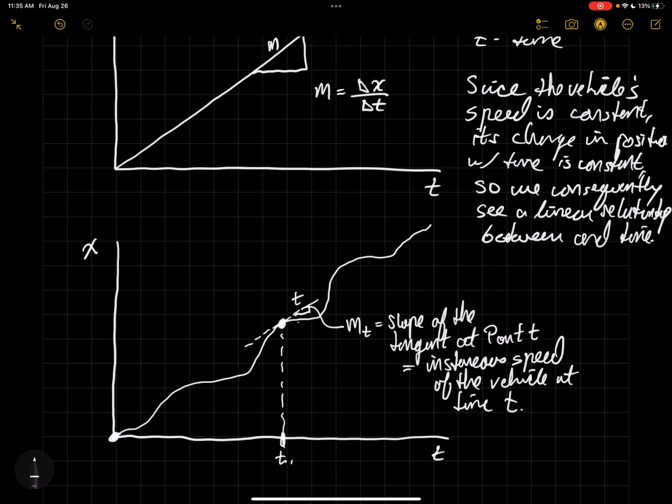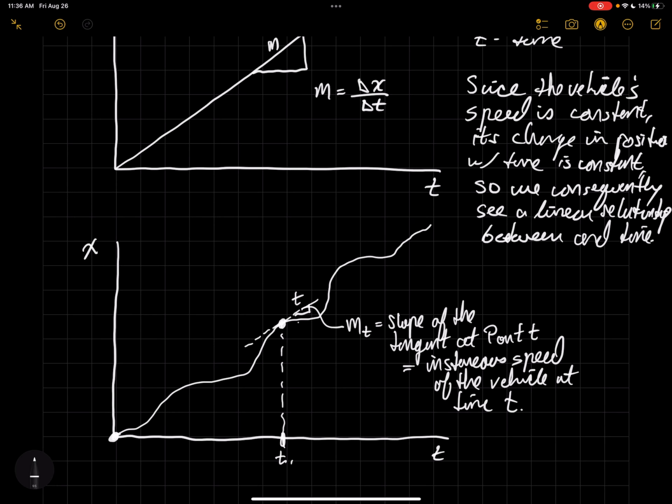If we want to determine the instantaneous speed of the vehicle at this point, t1, we have to determine the rate of change of the vehicle at that moment, which requires us to know the slope of the vehicle's position as a function of time at that moment, which, without drawing a tangent line at that point that matches the slope of the curve, we really can't do.